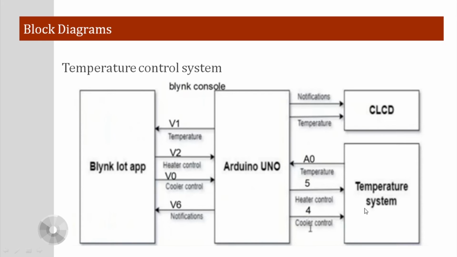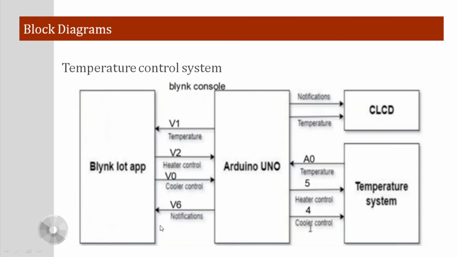From there, the status of the temperature system goes again to the Arduino. From there are three outlets. One is notification, and another is temperature. On the LCD it also displays the status of the temperature system, and the notification says the temperature control is on and displays how many degrees centigrade it is. Then the other outlet is temperature, which displays the temperature on our mobile phone also.